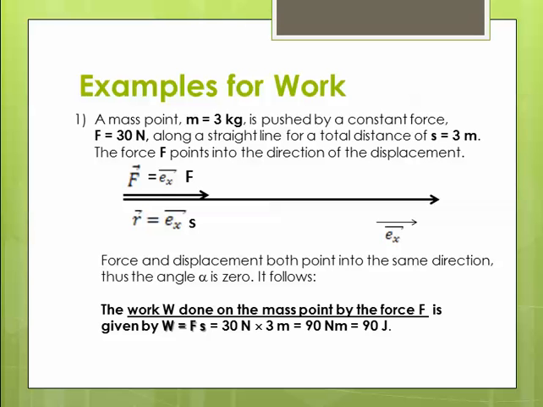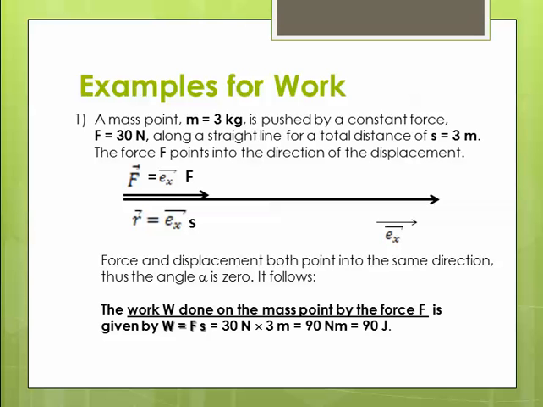Work equals F times X, or work equals F times S. Now F is 30 newtons and S is 3 meters. We know that 30 times 3 equals 90. And newton times meter equals newton meter.